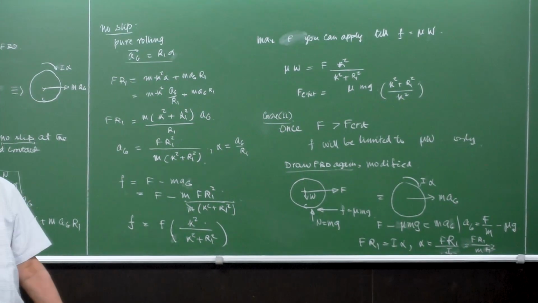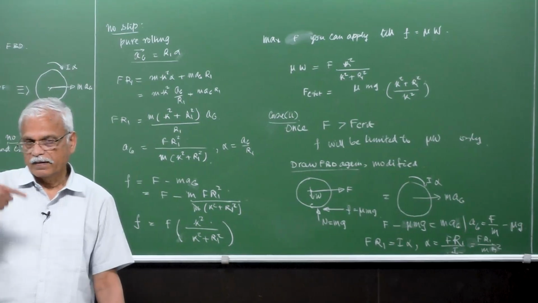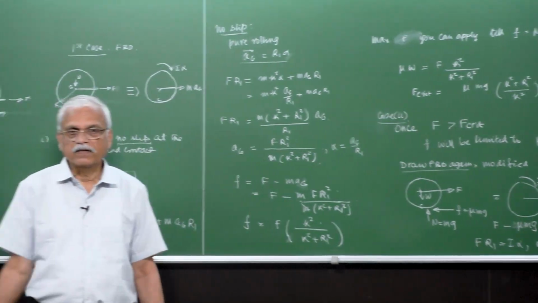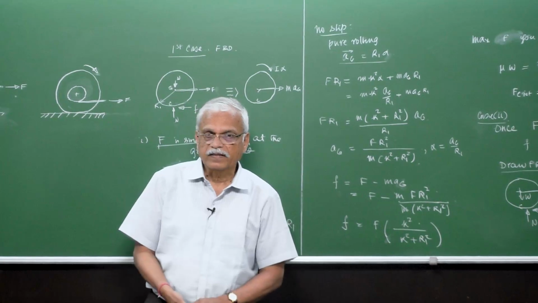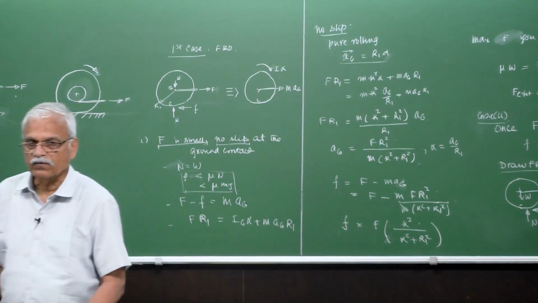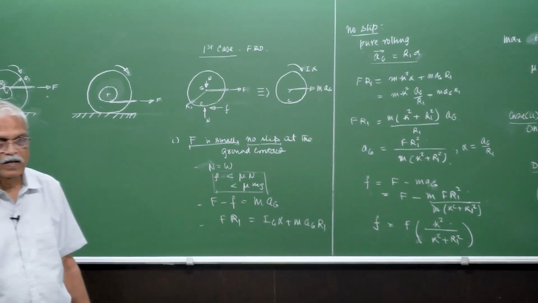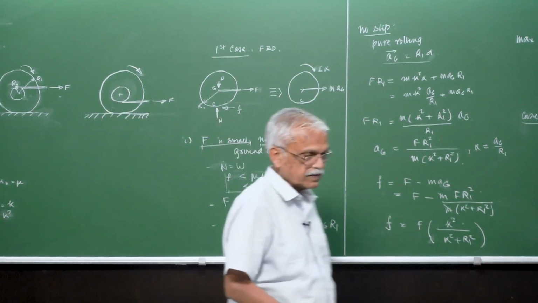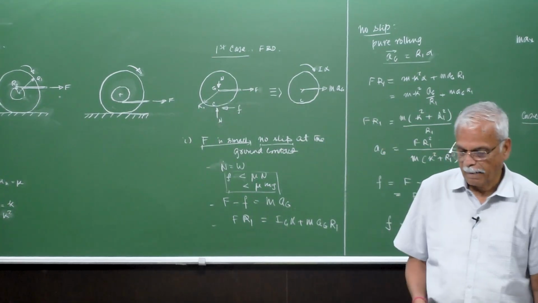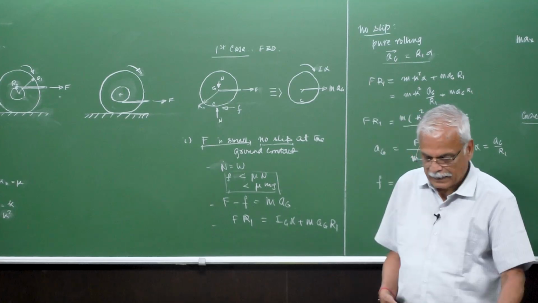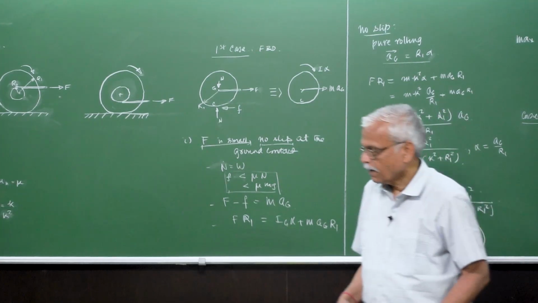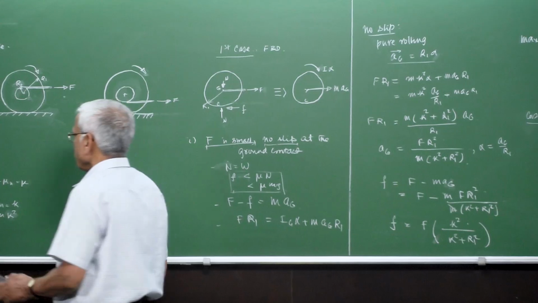So you have to show that. But on the other hand, if it violates, then you have to recalculate everything by putting the friction force equal to its maximum possible value, which is mu times the normal reaction. Okay, so this is how we do these problems.